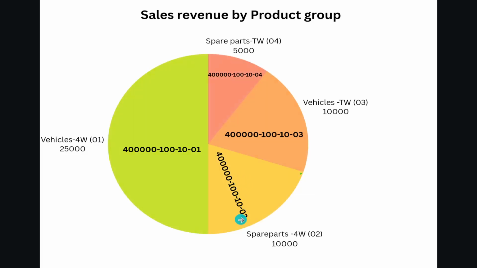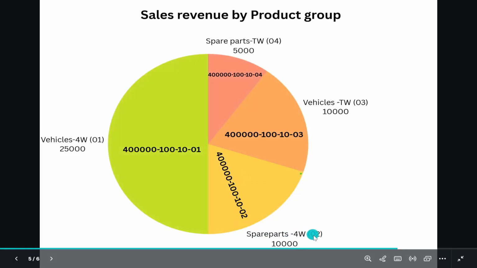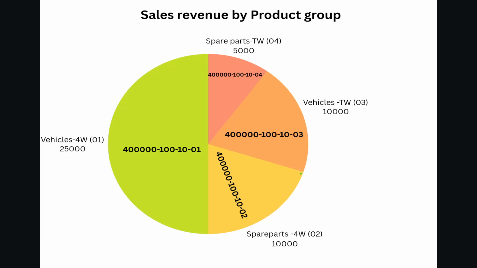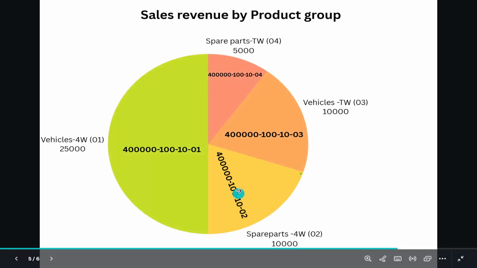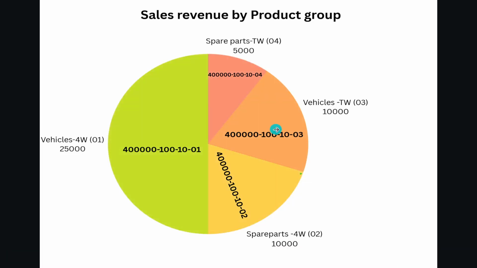And then I have added one more segment, 02, which indicates I am tracking the sales for spare parts for the Delhi region and Indian legal entity. I have given one more code, 03, which is two-wheeler vehicle sales, and the value is $10,000.